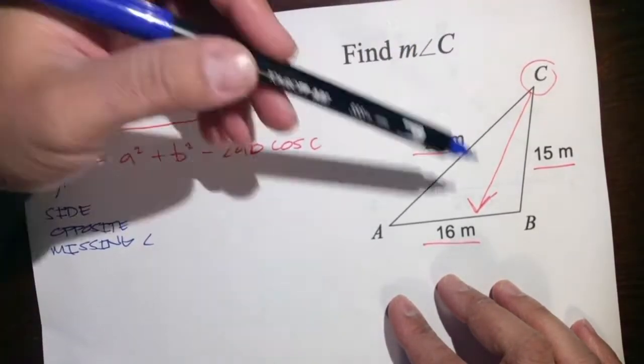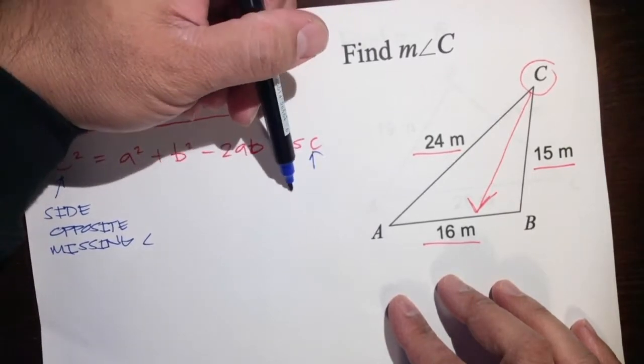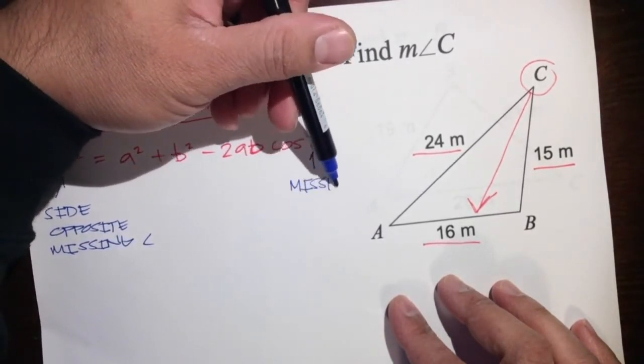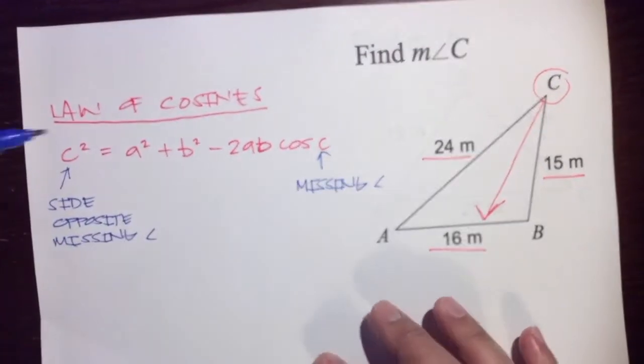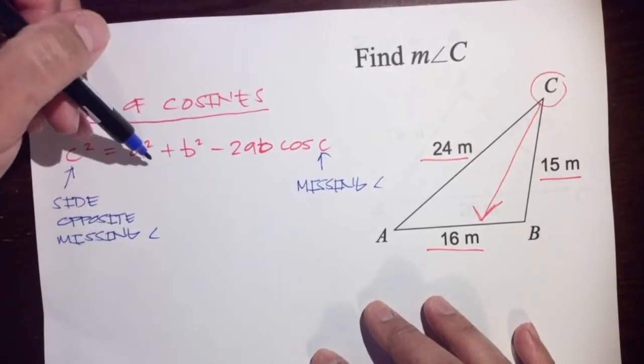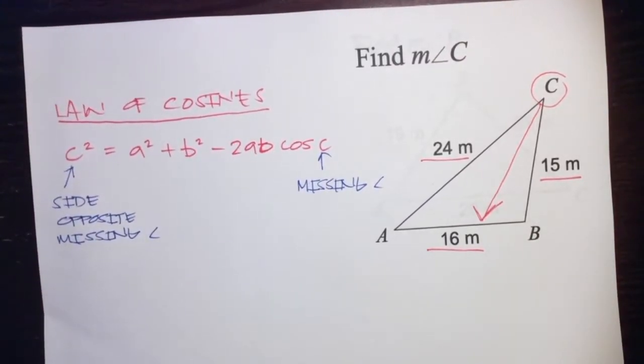Okay, so this is our missing angle, and this is the side opposite it, and just two of these sides are the givens, what they give us.